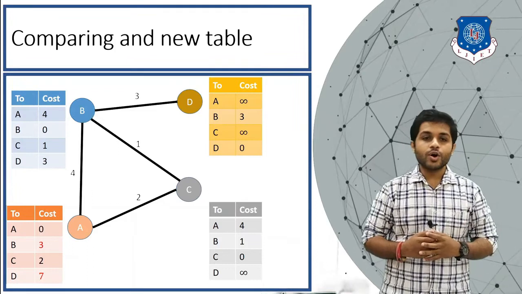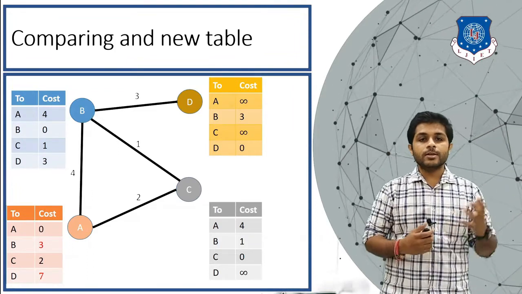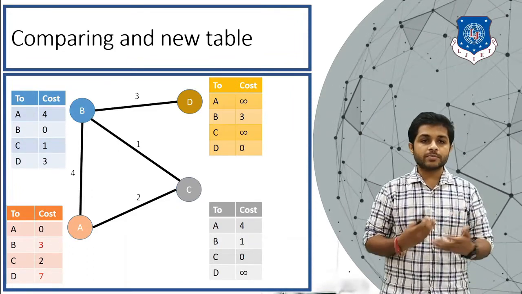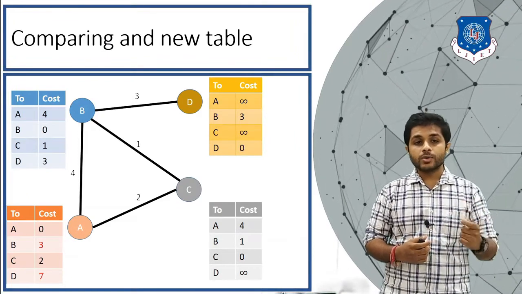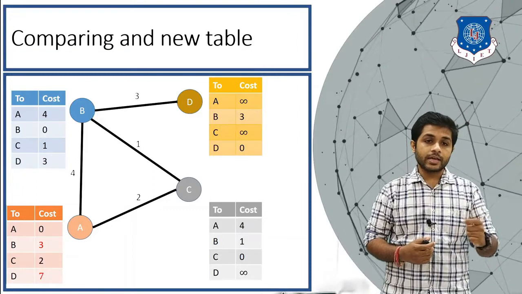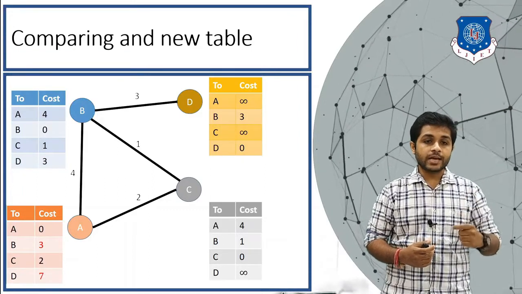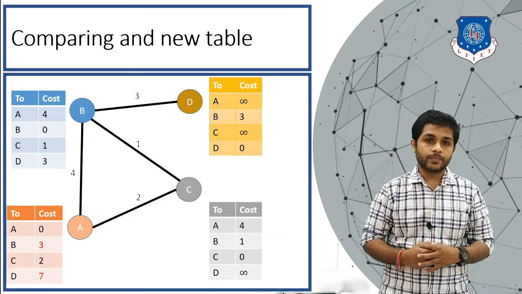So this is how all the routers will receive the tables, and they will make some calculation, and after that the entries in each router's table will indicate the minimum distance from itself to all the routers.